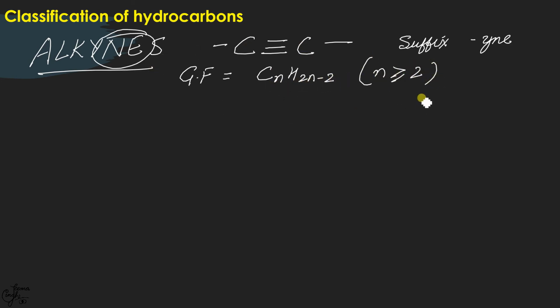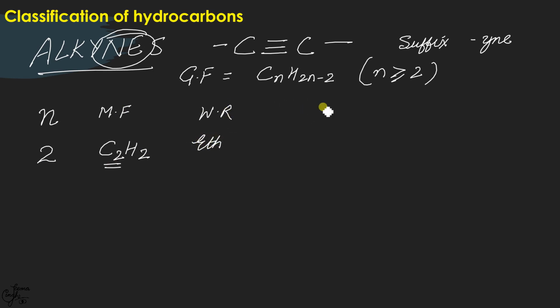Let's quickly see the IUPAC nomenclature in the form of a table. Let's say N cannot be equal to 1. We begin with 2. Your formula for the simplest alkyne is C2H(4 minus 2), it's C2H2. Now for 2 carbon atoms, your word root is going to be eth.